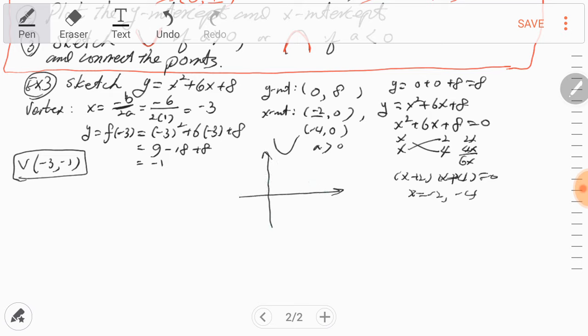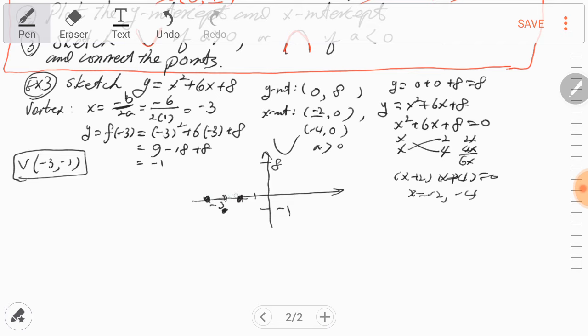The vertex is (-3, -1). So this is the vertex. If x equals 0, then y equals 8. Let's say this is 8. And the x-intercepts are -2 and -4.